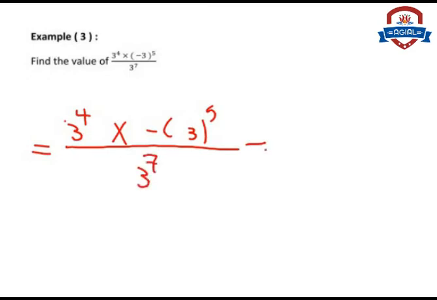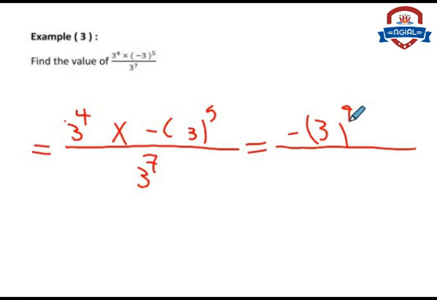We find the product of the numerator: 3 to the power of 4 times (-3) to the power of 5. Positive times negative equals negative. And 3 to the power of 4 times 3 to the power of 5 equals 3 to the power of 4 plus 5. 4 plus 5 equals 9.